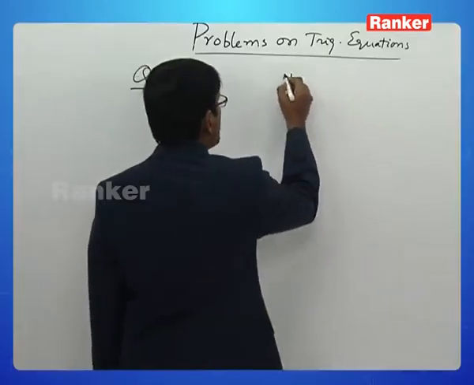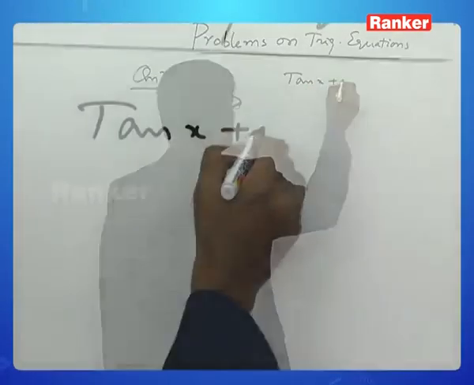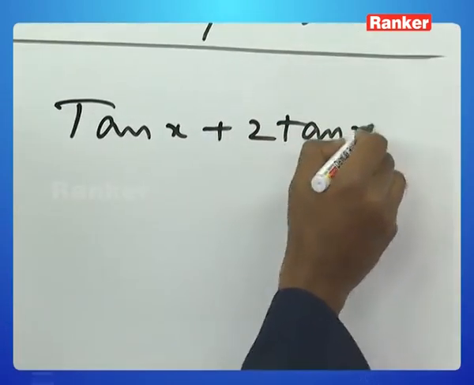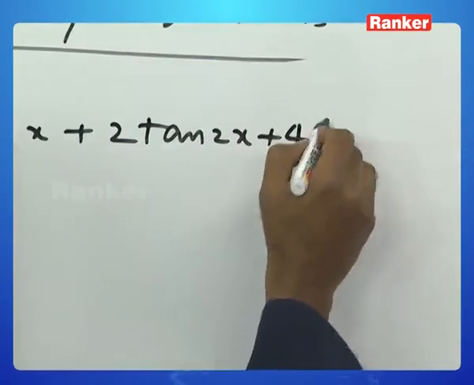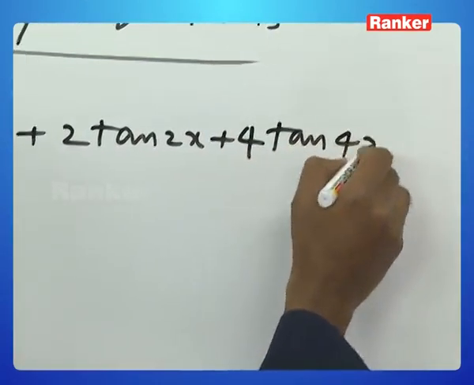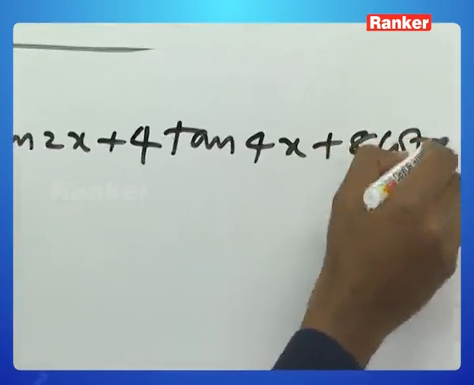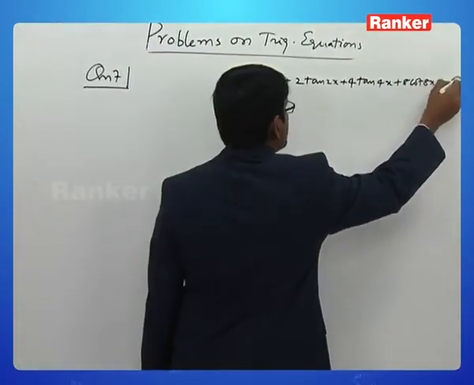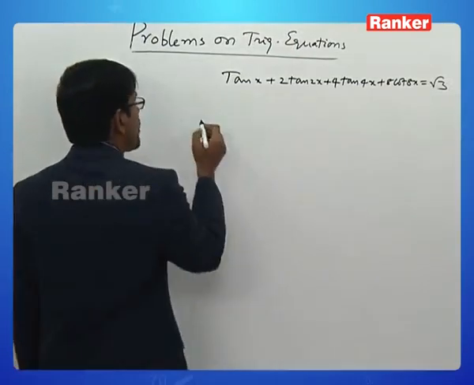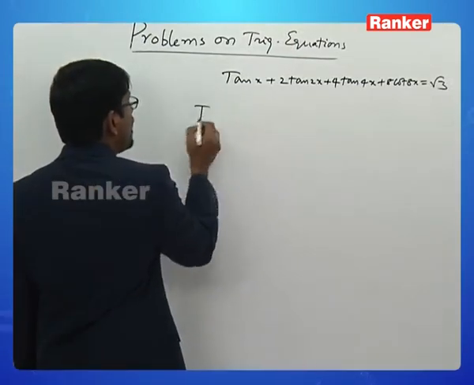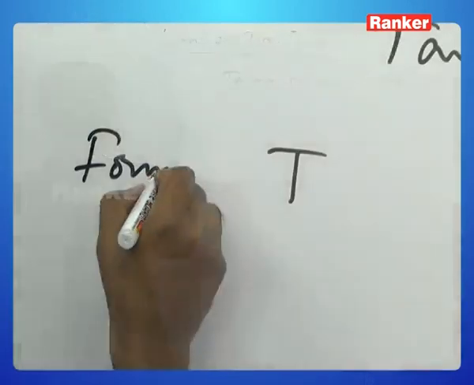The equation given to us is tan x plus 2 tan 2x plus 4 tan 4x plus 8 cot 8x is equal to root 3. We have to find the general solution for this. Now there is one formula that you need to know.